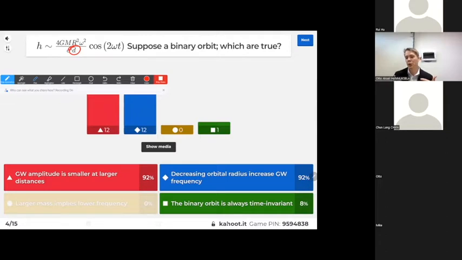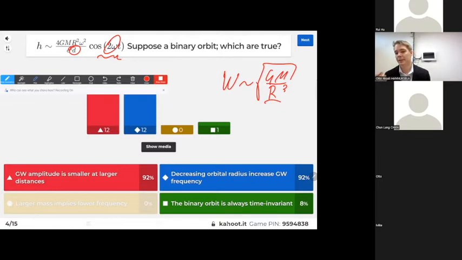The statement that a decrease in the orbital radius increases the gravitational wave frequency is also true because the orbital frequency is, according to Kepler's formula, GM per r cubed. And of course, if you decrease r, then you increase the orbital frequency. And because the gravitational wave frequency here is twice the orbital frequency, higher orbital frequency means higher gravitational wave frequency, and therefore decreasing the orbit increases the frequency.